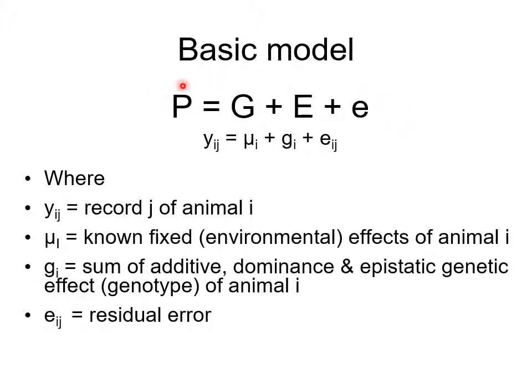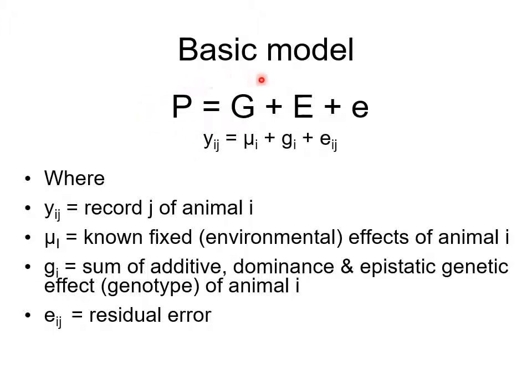So basically the variation that we observe or measure in animals within a group of animals are the result of the genetic differences amongst those animals, or the genetic variance amongst those animals, plus the environmental effects on the phenotype or the observations that we have or that we observe on animals.